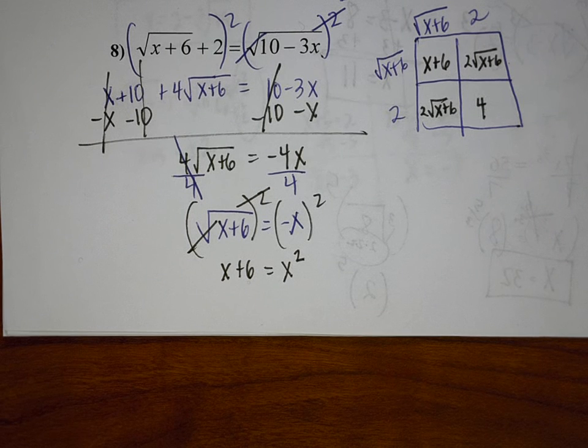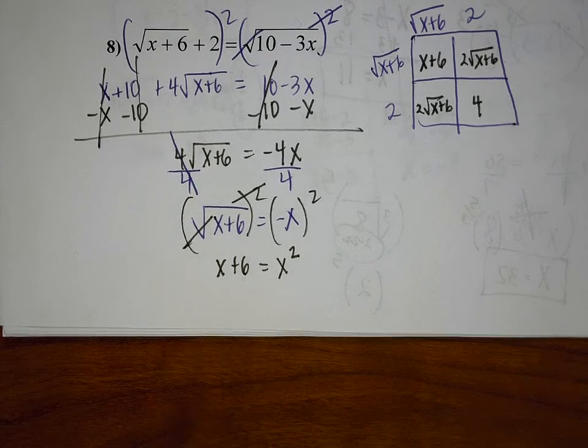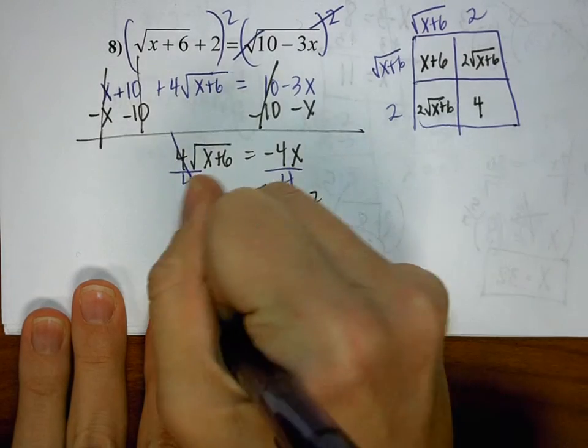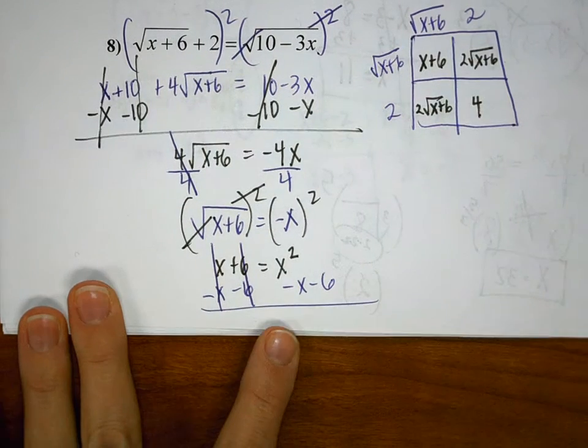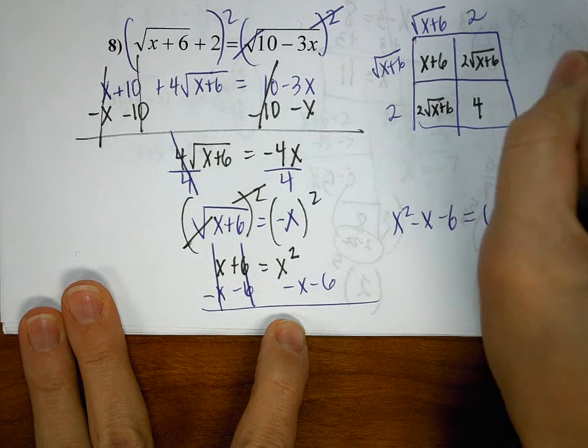Now what? You want it set equal to 0, and you're going to have to factor. But you want x squared to be positive, so we're going to subtract x and subtract 6. So I get x squared minus x minus 6 equals 0.